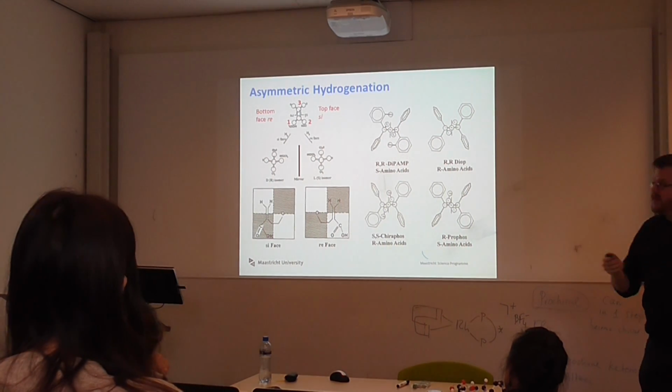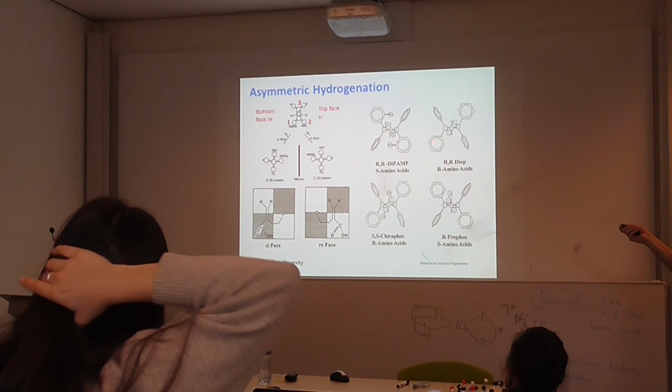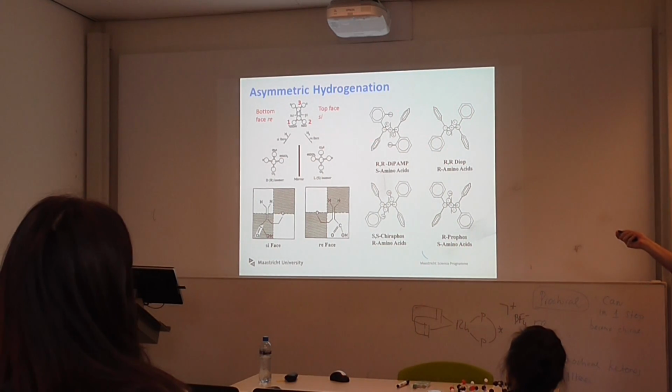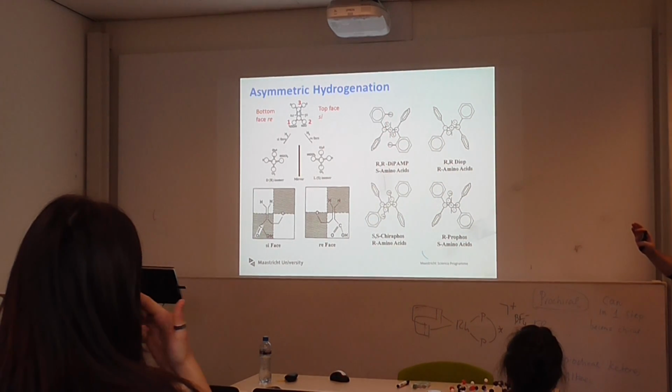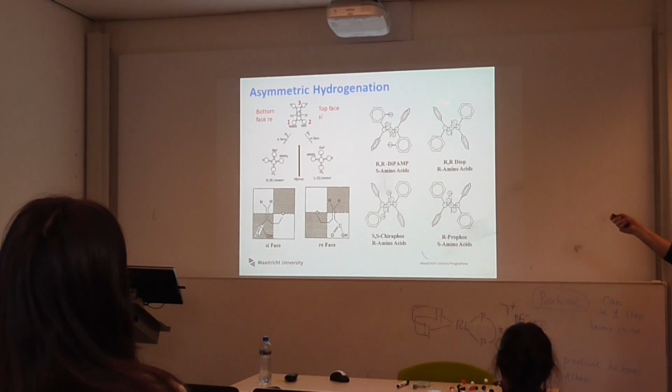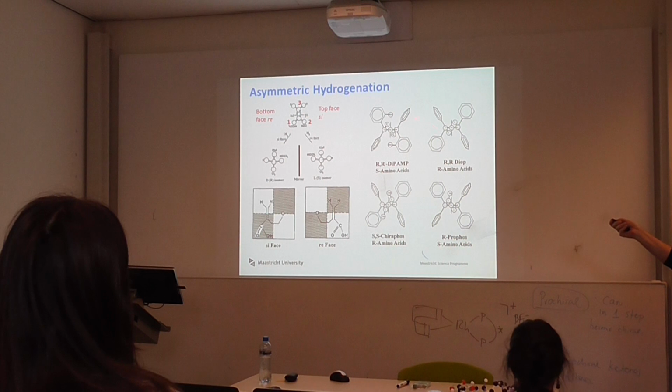But there would certainly be a higher possibility of free rotation in this one than in this one, because here you've got this methoxy group that absolutely blocks any possibility of free rotation. At a high temperature, possibly you might have some free rotation here, but there would be a high energy barrier associated with that.